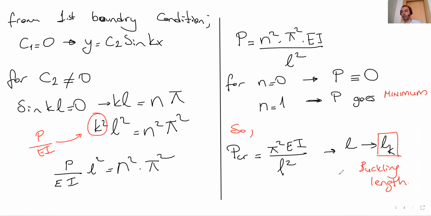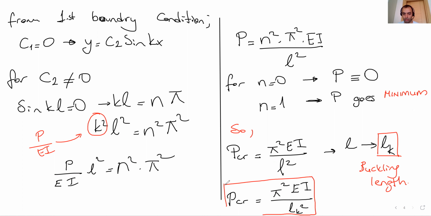So the critical force at the end of the day is P critical equals pi square EI over LK square. This is the critical force. You have to know this equation, the critical force which buckles the structural member.